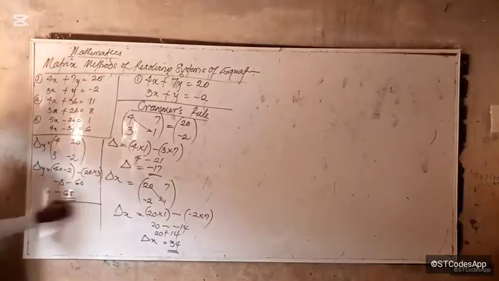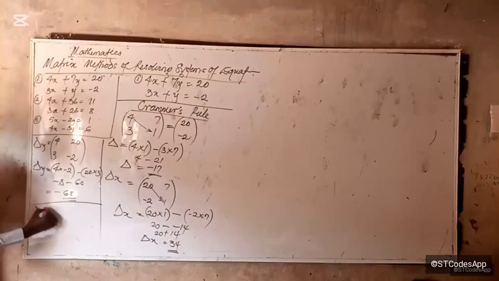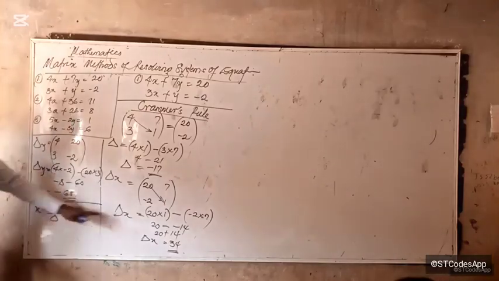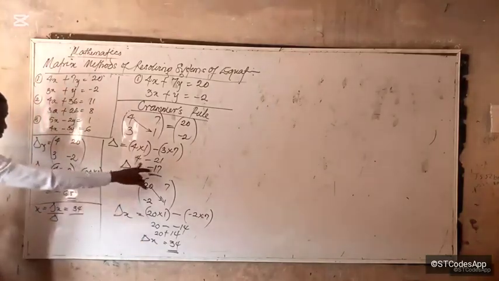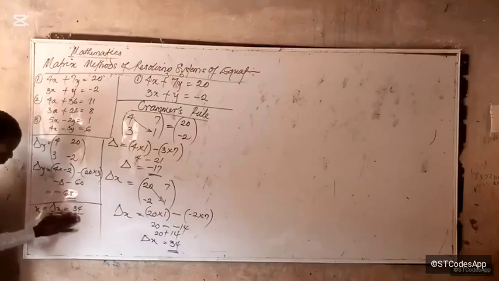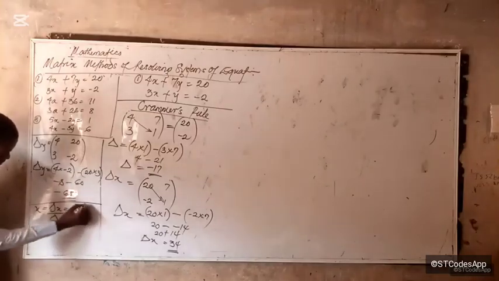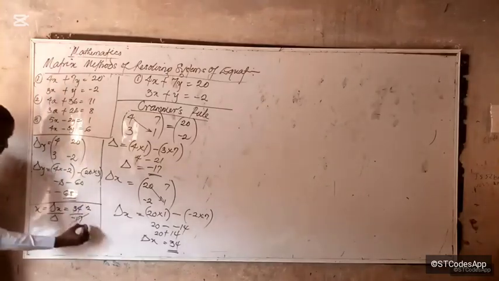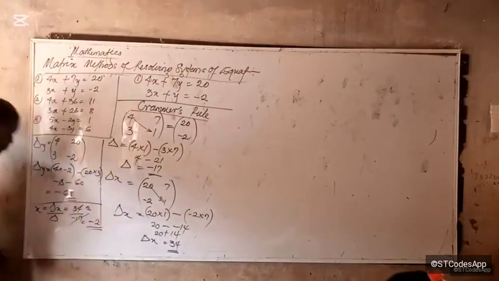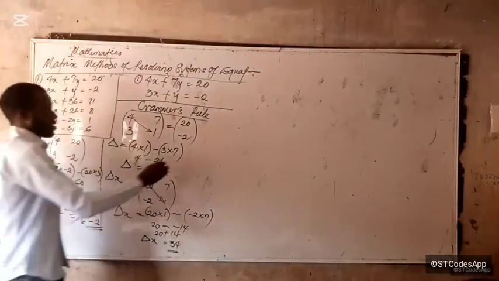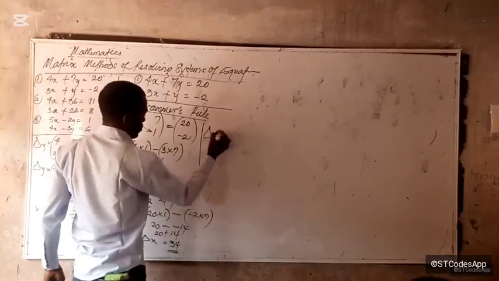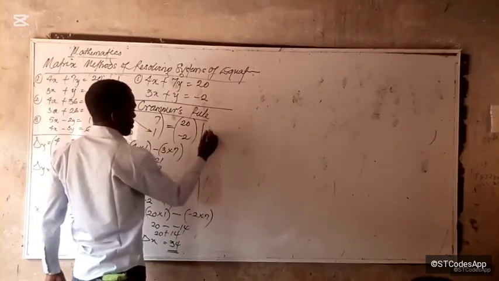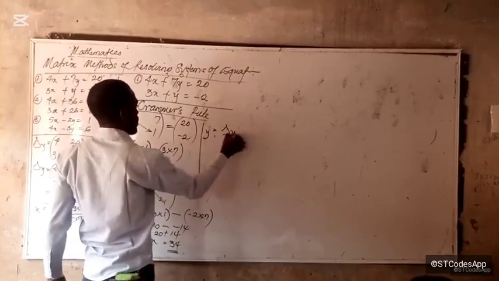All right. So how do we now find our x? x will be equal to delta x over delta. Do you get it? Delta x is 34, so we have 34 over minus 17. Plus divided by minus is minus, so we have minus 2. Do we understand? And y will be equal to delta y over delta.